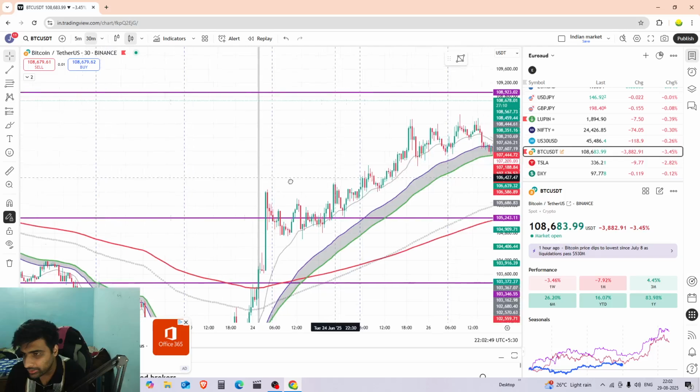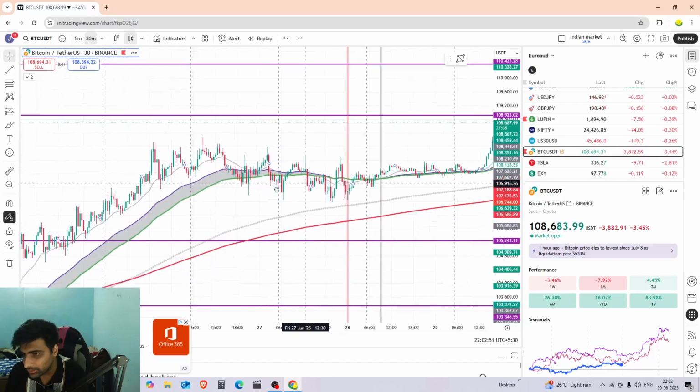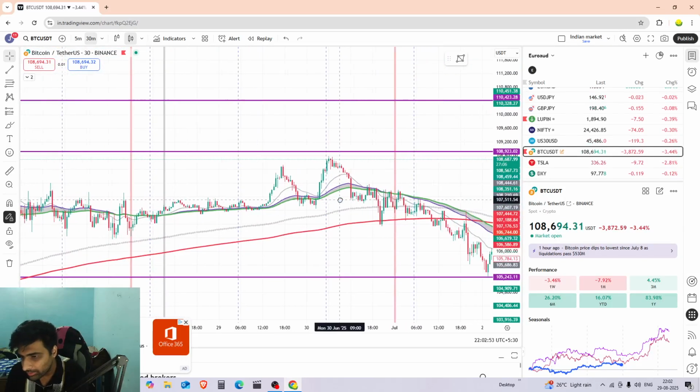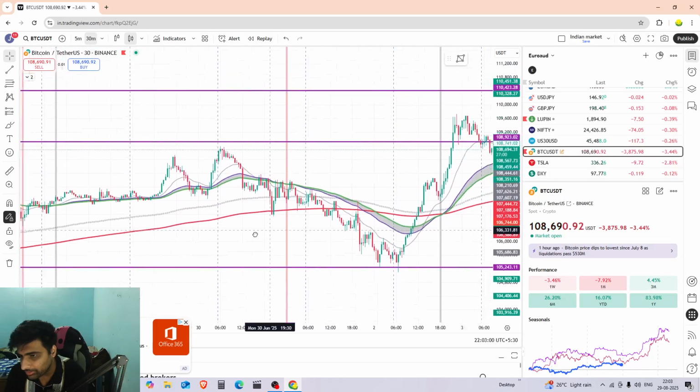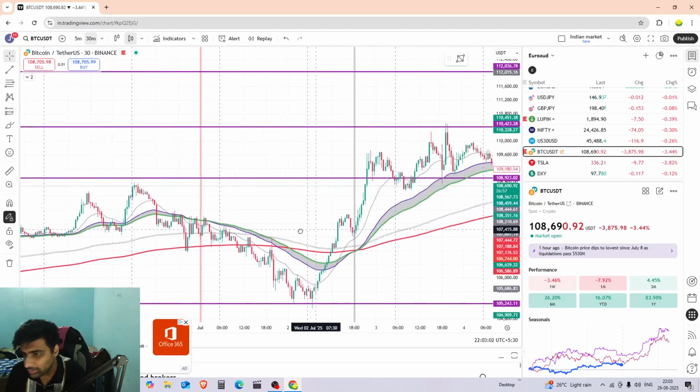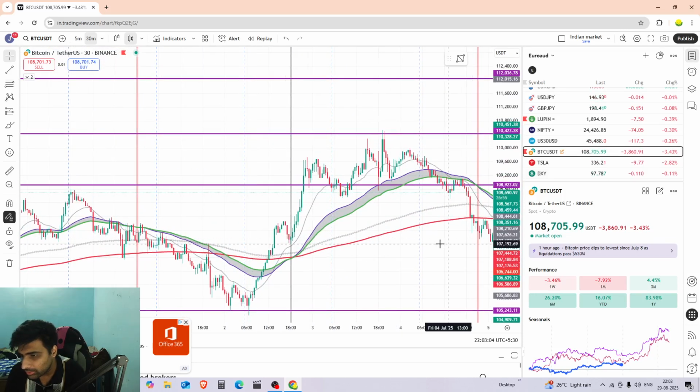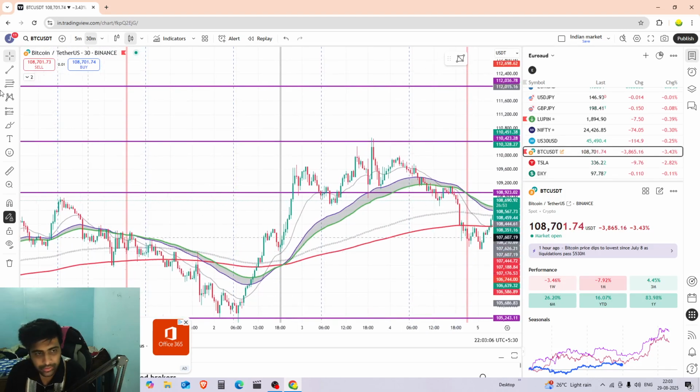Not yet. Still consolidating, up down, but we don't see a double bottom or double top anywhere. No, this is not a proper change of structure. Okay. Oh yeah. So the trend came down, the trend changed.